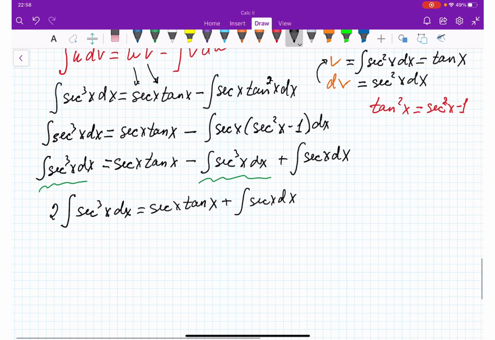Okay, so from here, 2 integral secant cube x dx is equal to secant x tangent x plus, so what is the integral of secant?